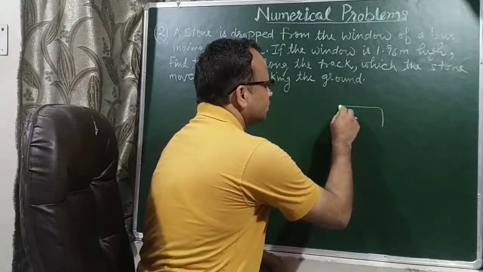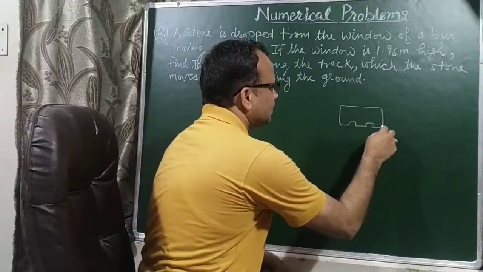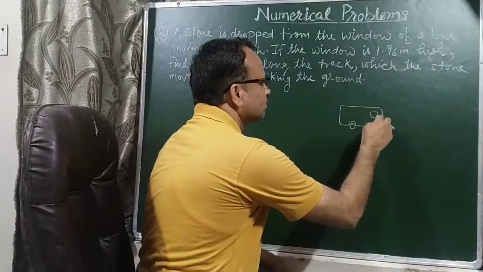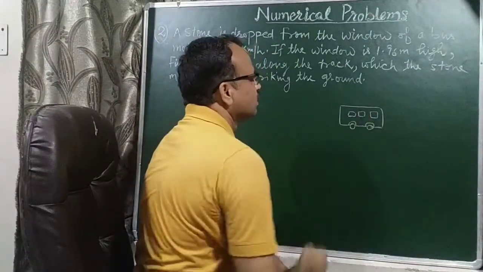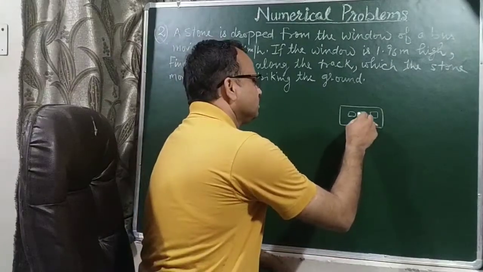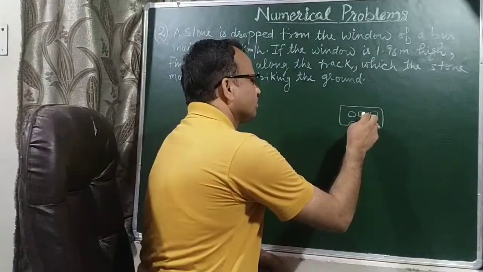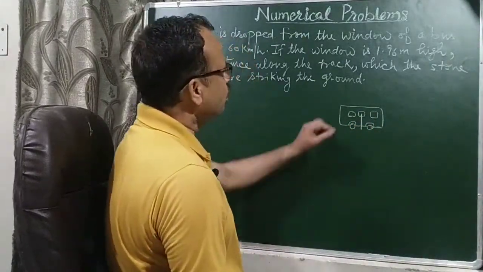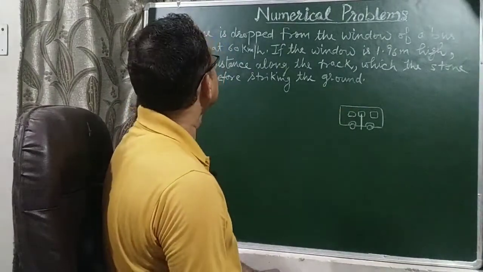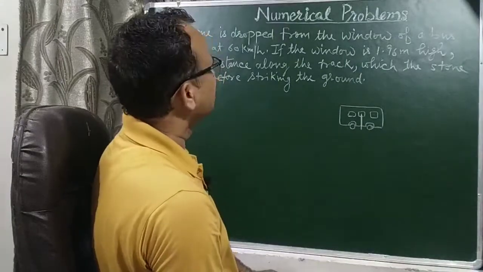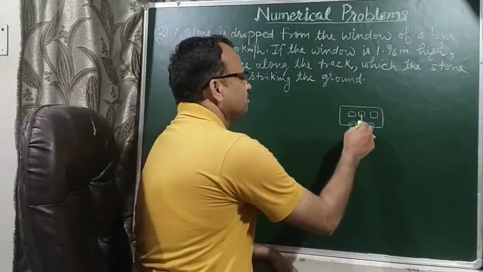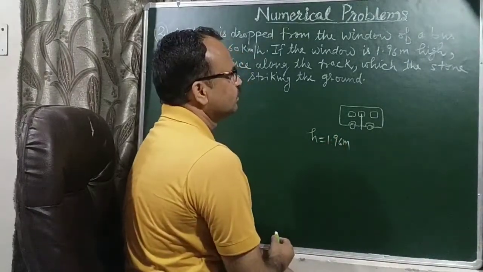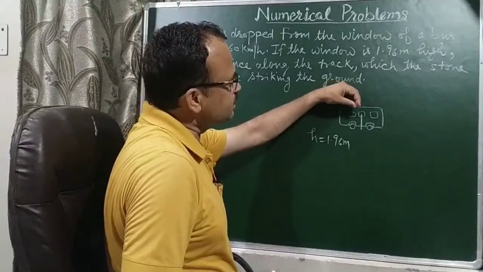Suppose this is the bus, and the person drops a stone from this window which is 1.96 meters high, meaning this distance h equals 1.96 meters.